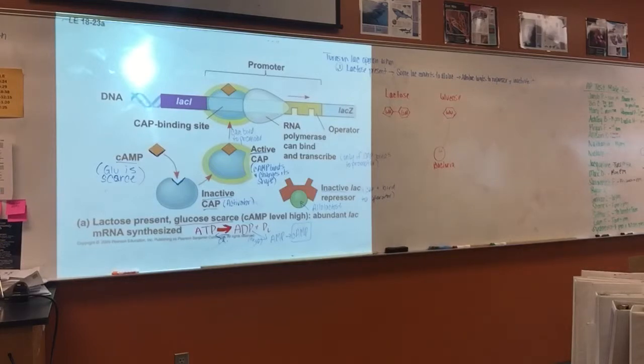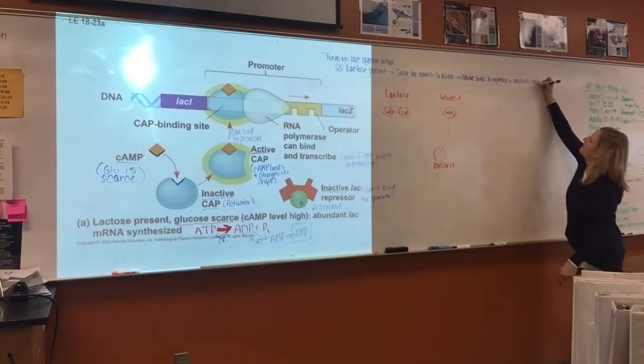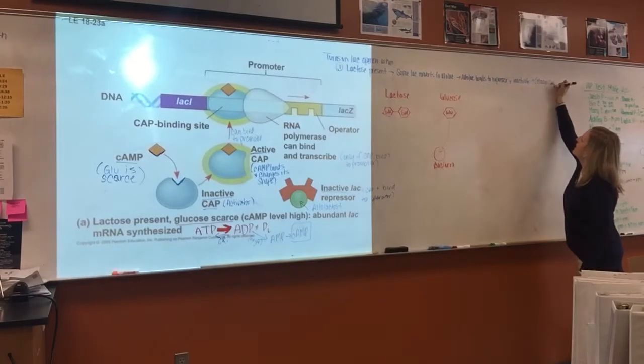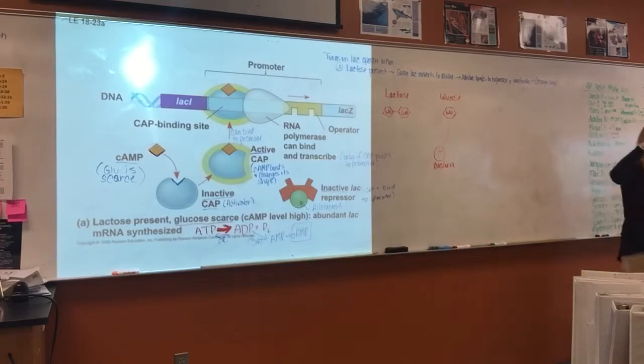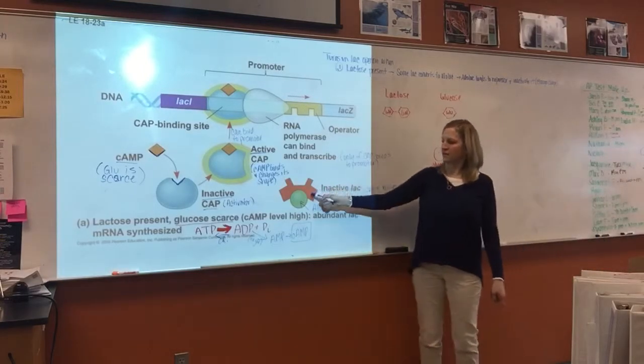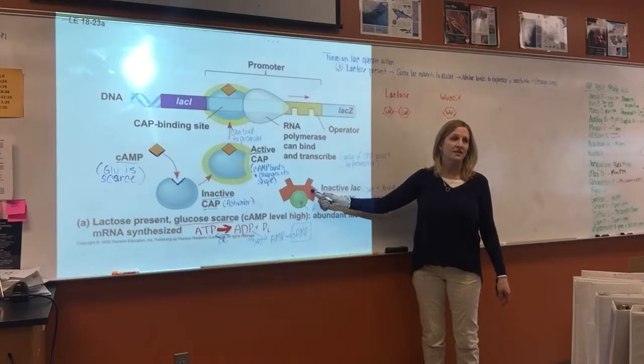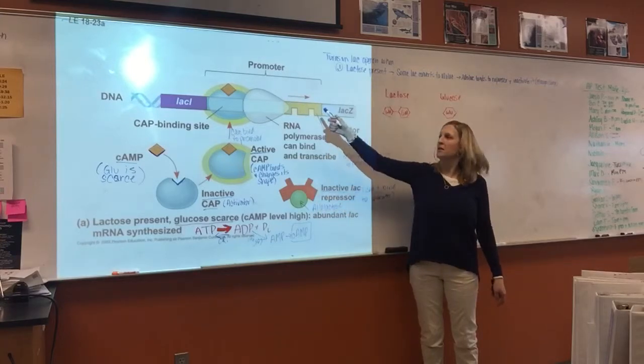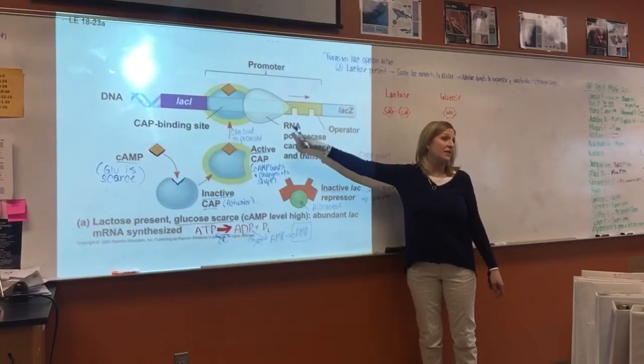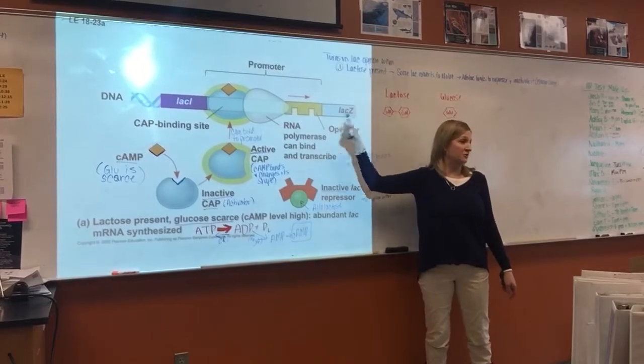How does it inactivate it? It changes its shape, right? So why is having an inactive repressor important? What can it do now? The repressor in the inactive form can't bind to the operator, and therefore RNA polymerase can transcribe the genes.